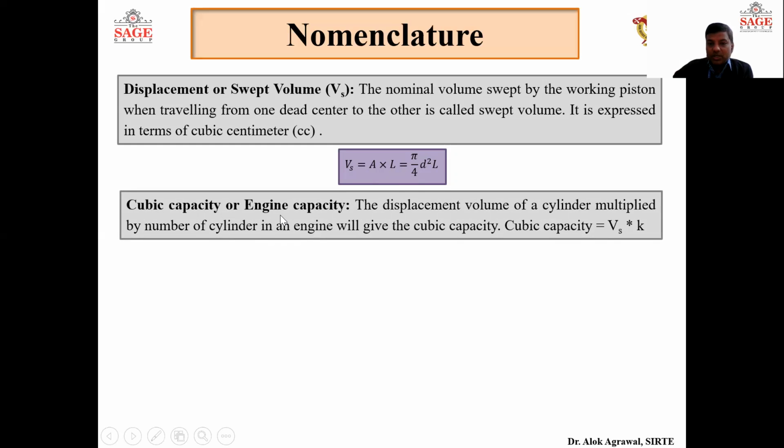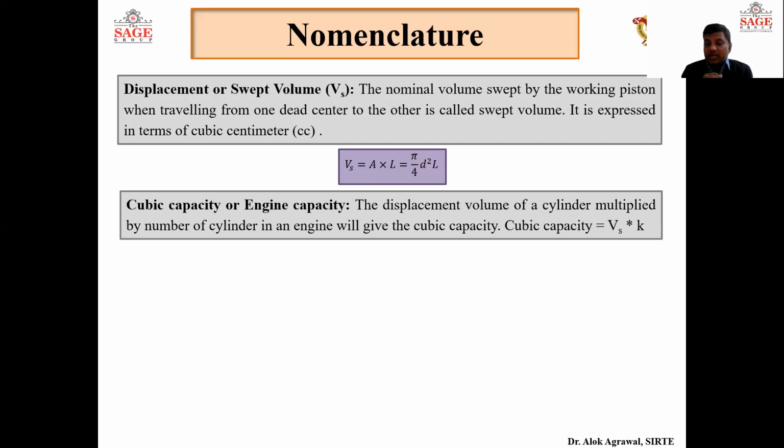Next is cubic capacity or engine capacity. You have heard many times that a bike is of 100 cc, or that the car Maruti 800 is of 800 cc. That is called the cubic capacity of the engine. How can we calculate it? It depends on the swept volume. If the engine is a single cylinder engine, then the cubic capacity is equal to the swept volume.